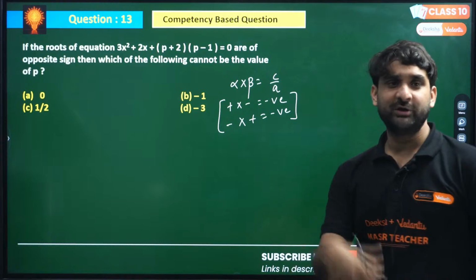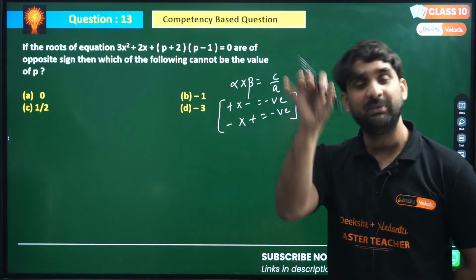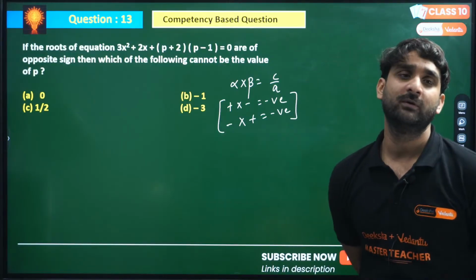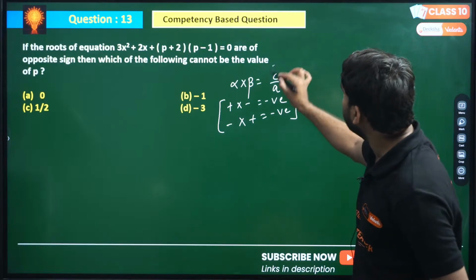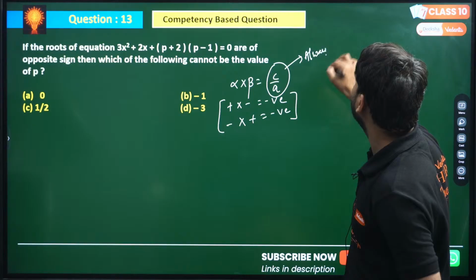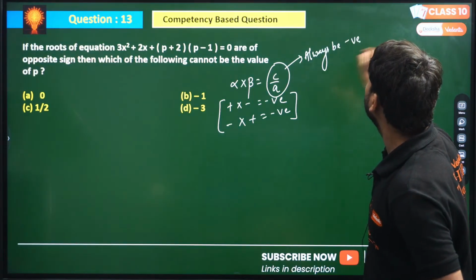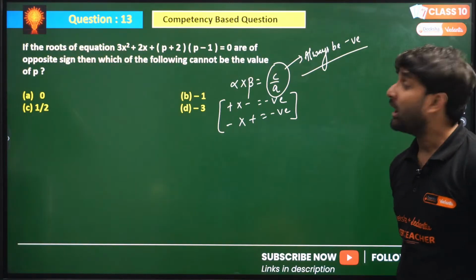If alpha is negative and beta is positive, again the result will be negative. So the product of roots is always negative, so this C by A must always be negative. Someone, Mehreen, answered A, always negative. So how can it be negative?